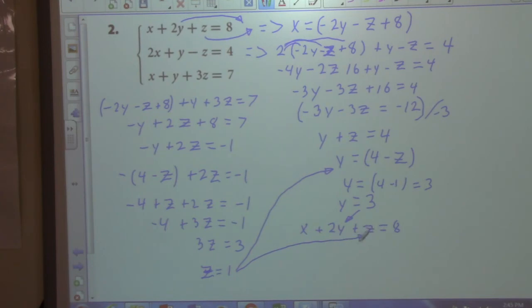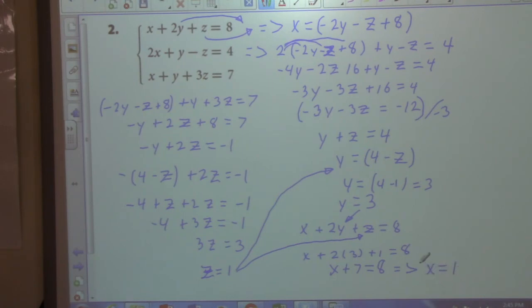So we have x plus 2 times 3 plus 1 for z is equal to 8. So that gives us x plus 7 is equal to 8, and so x is equal to 1.